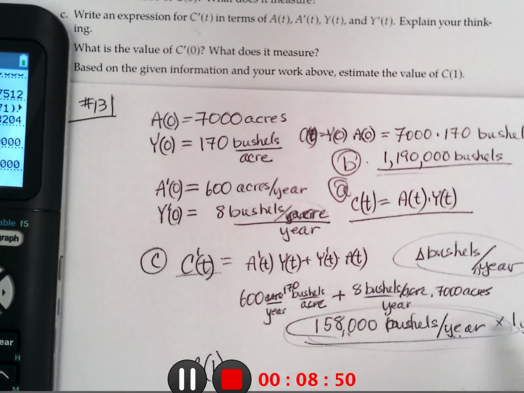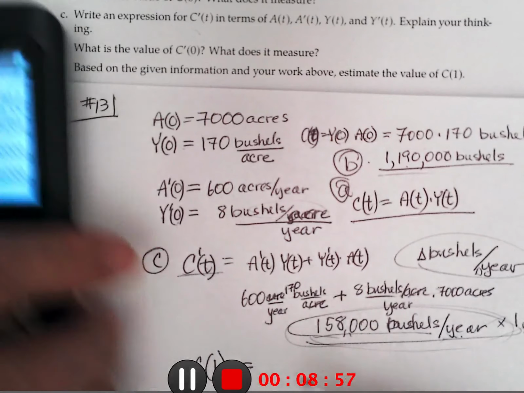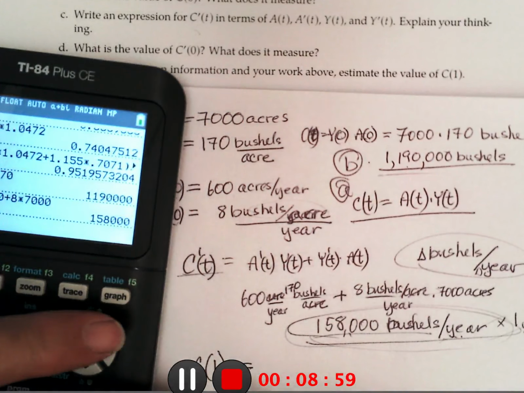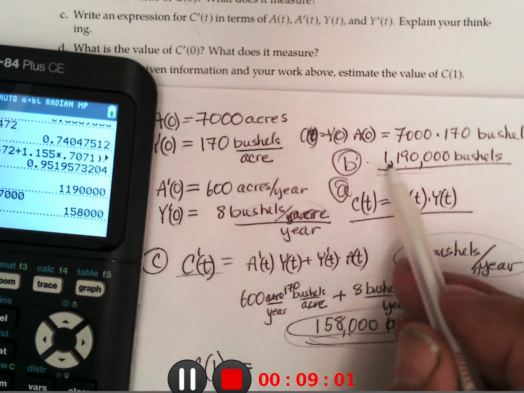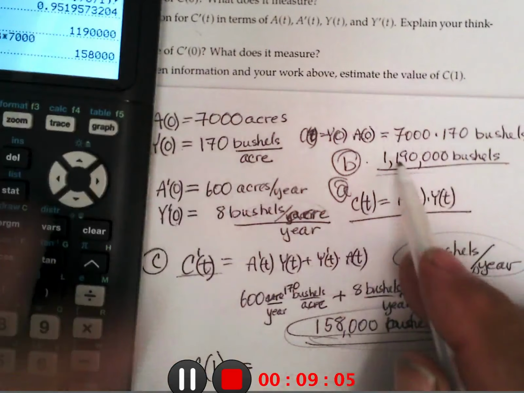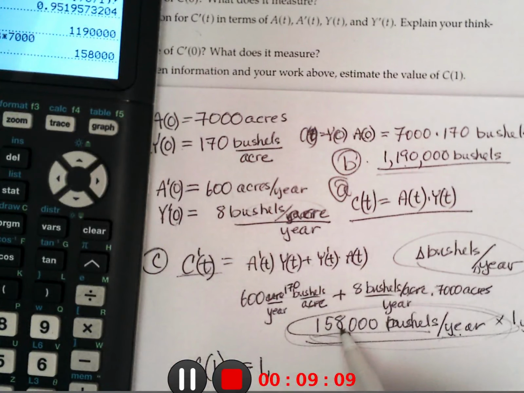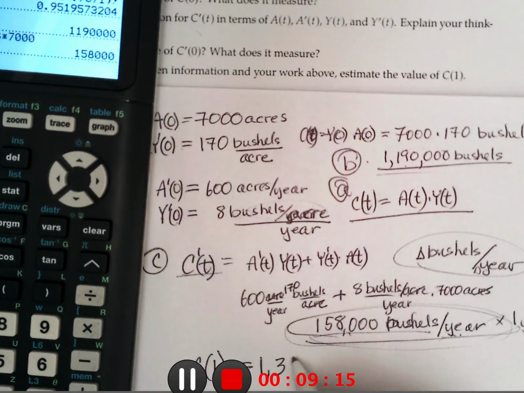The years would cancel, and I'd add it to what I had before, and so my estimate for C of 1 would be this 1,190,000 plus 158,000 more.